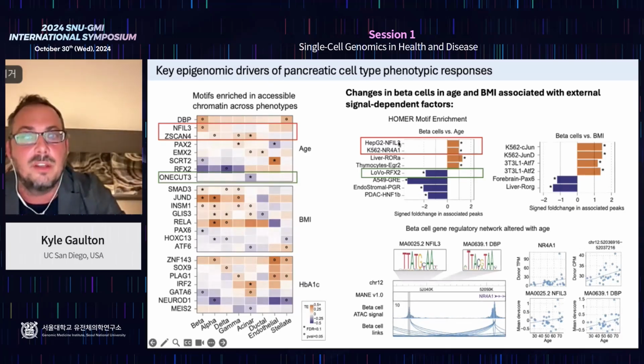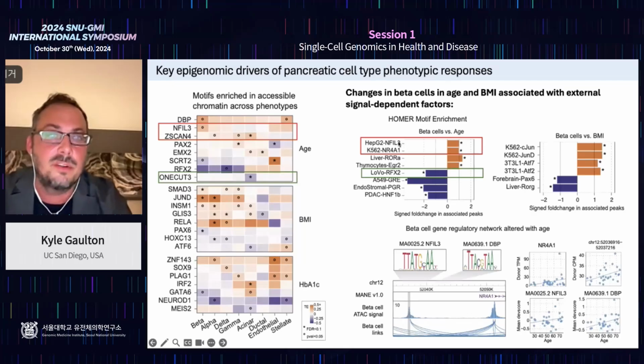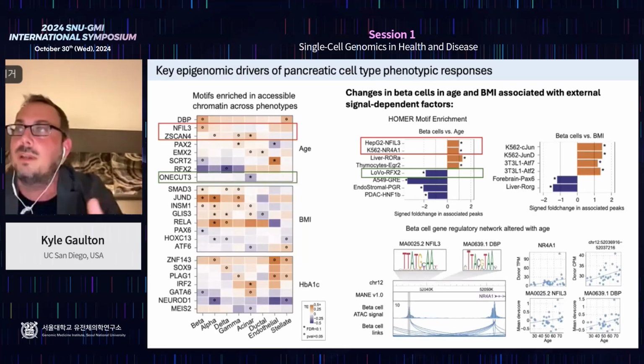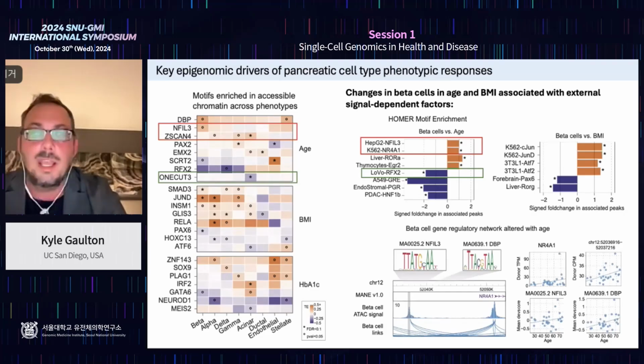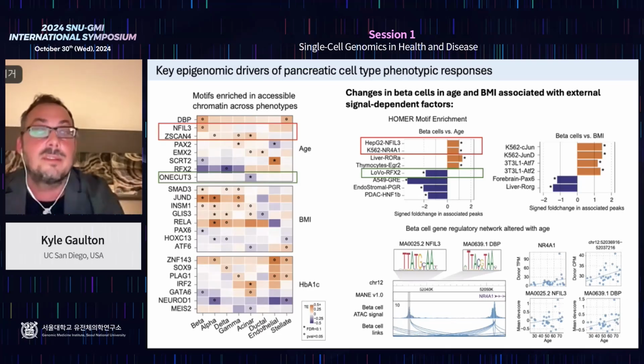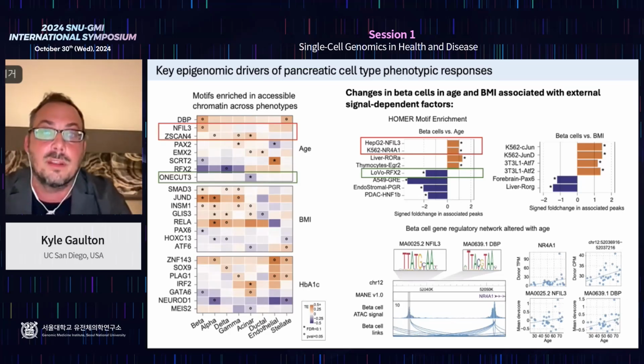In the case of age, there's a set of factors that we identified in beta cells that respond to circadian rhythms, respond to other external signals, or are nuclear hormone receptors, which are responsive to hormones. And that suggests that the changes within beta cells in age, and BMI is similar, may be due to external drivers of these changes, as well as likely some intrinsic changes that are occurring in the cells as well.